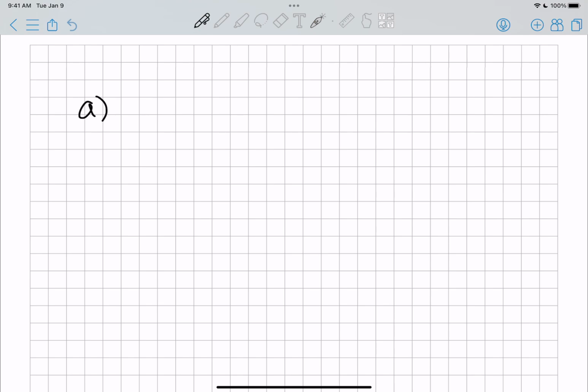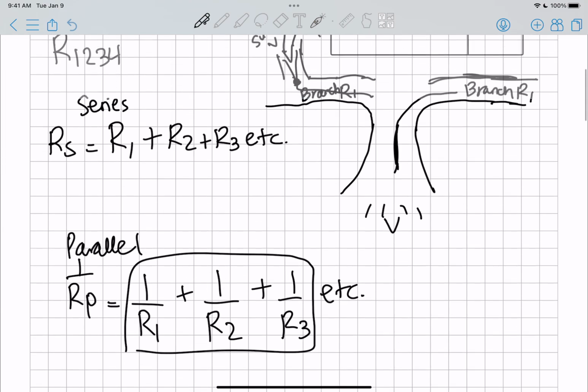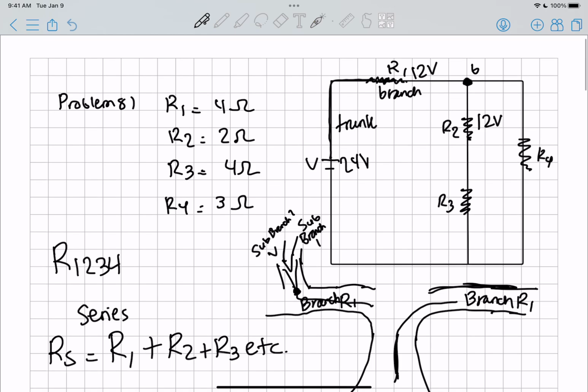So one last thing I'll recommend is that as you simplify things down, as soon as you simplify a parallel branch, immediately go back and start at your battery. So, I simplified all these three resistors into R2,3,4. I don't continue.